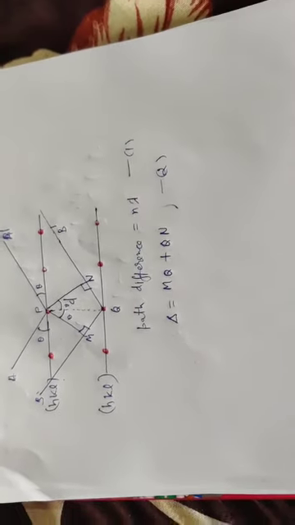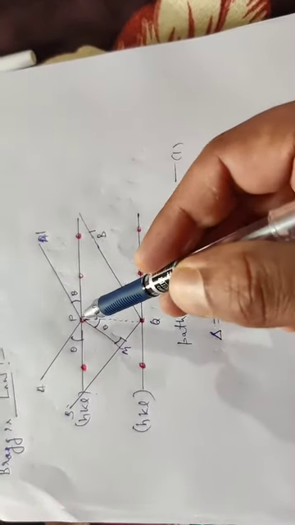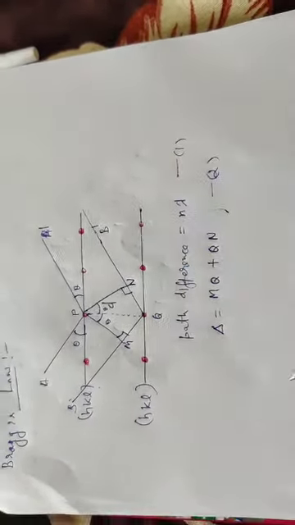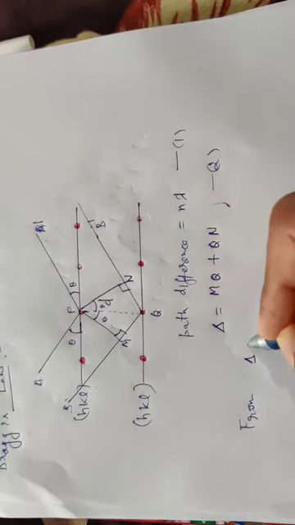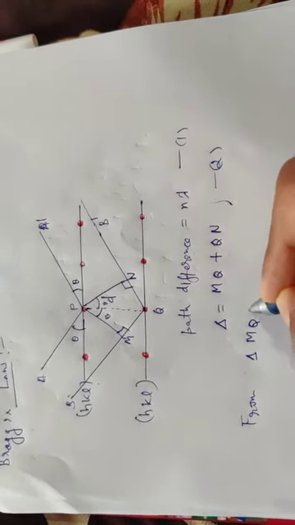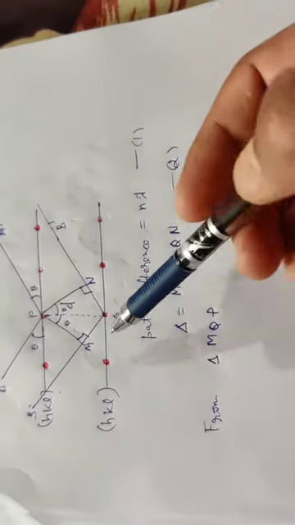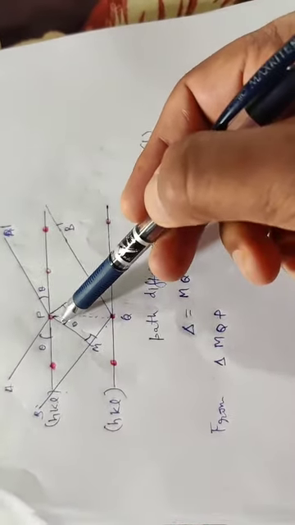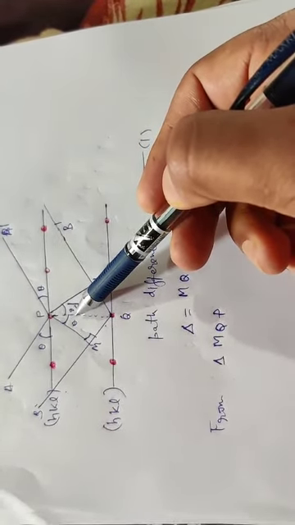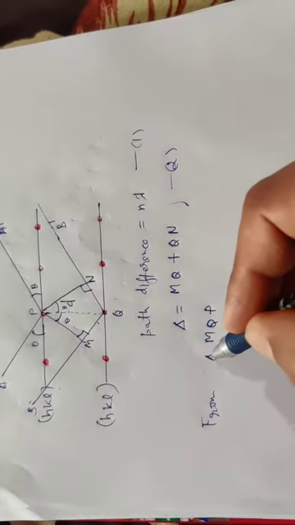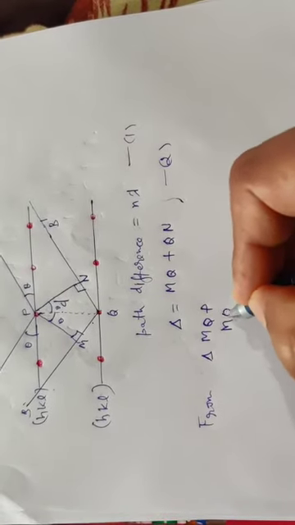So now we have to find MQ and QN. To find MQ, let us consider the right-angle triangle MQP. Here MQ is the perpendicular, this is the base, and PQ is the hypotenuse.